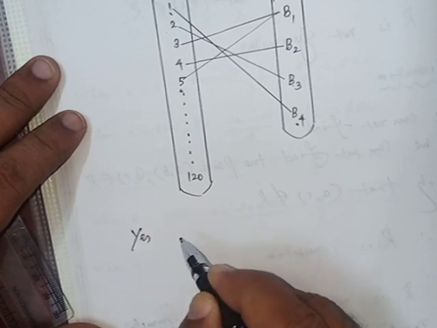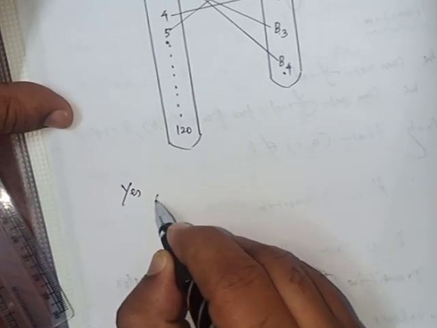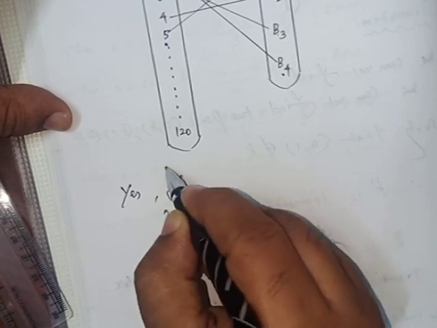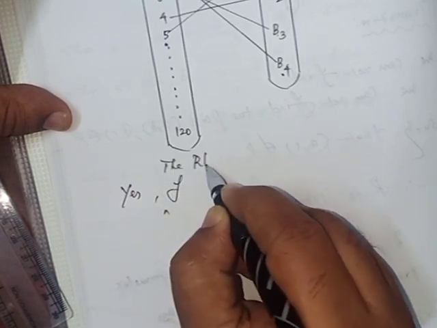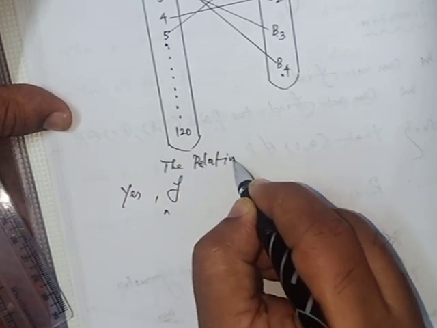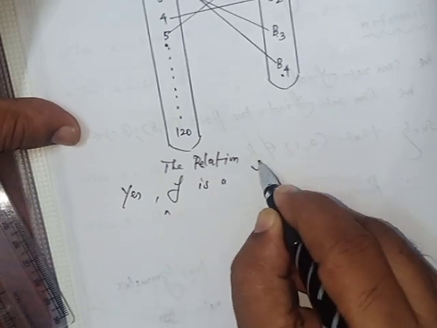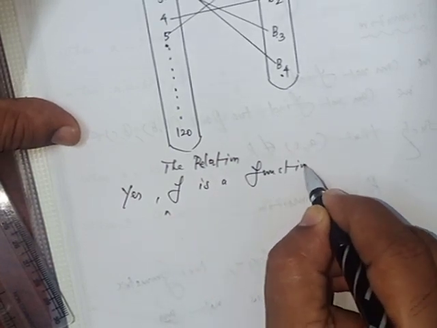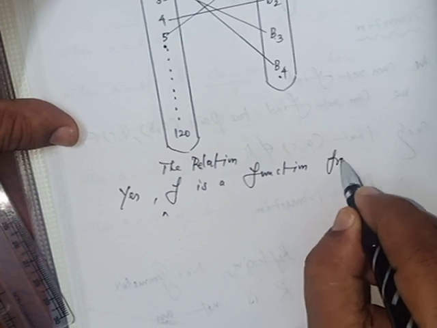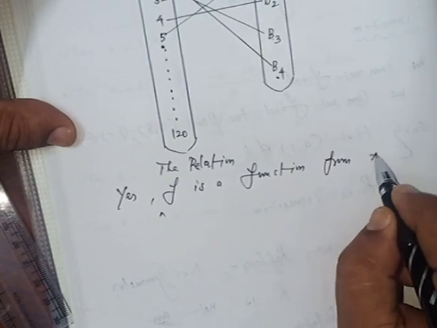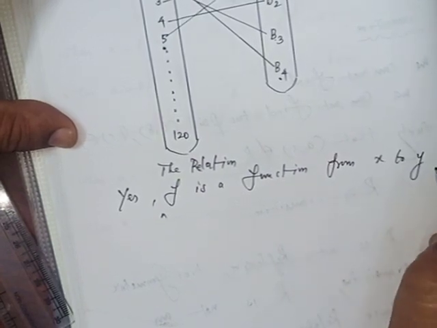Write the result. The relation f is a function from x to y.